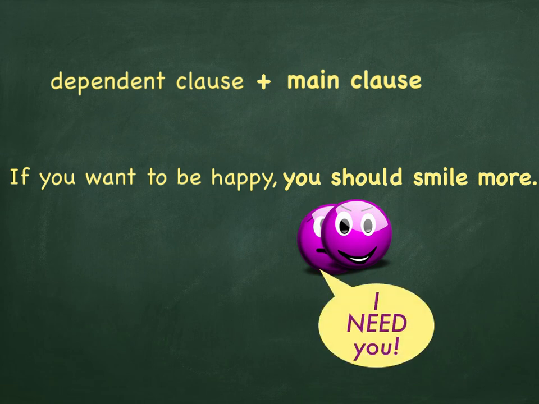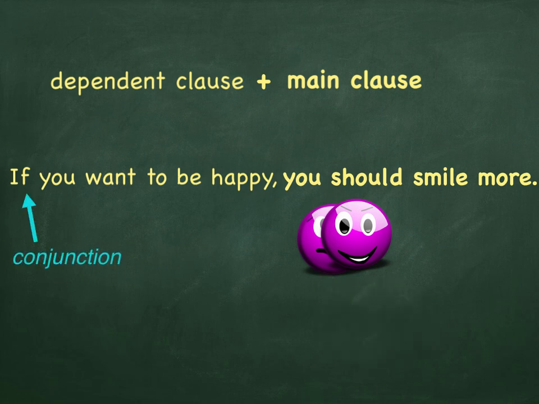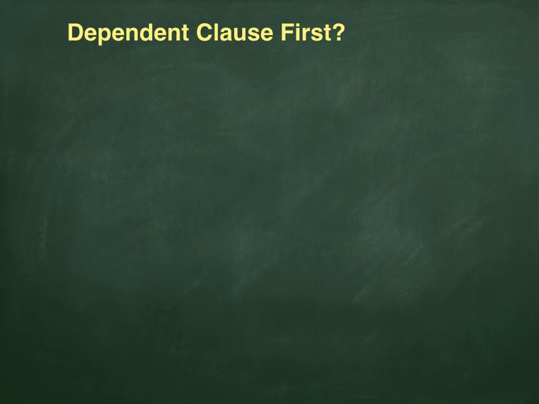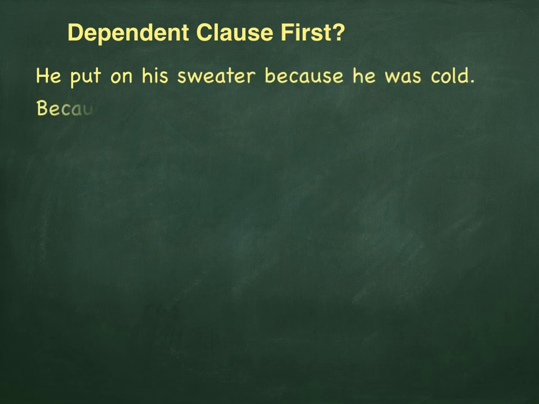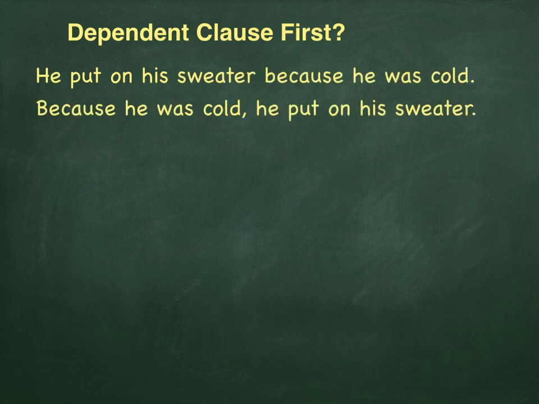And in this case, where is the conjunction? It still appears before the dependent clause. So in this type 2 sentence, it's possible to put the main clause before or after the dependent clause.